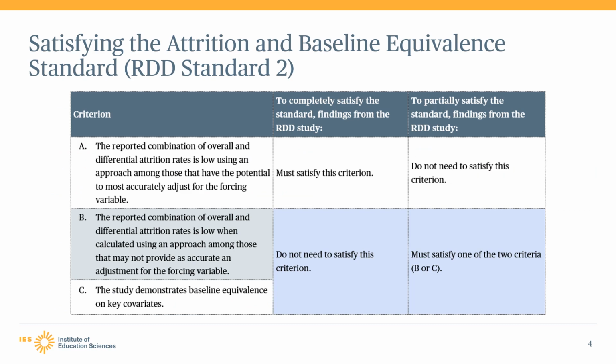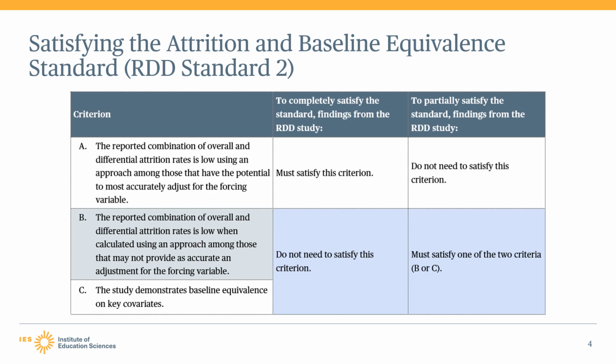As shown in this table from the WWC Procedures and Standards Handbook, referred to in this module as the Handbook, for findings from an RDD study to completely satisfy RDD Standard 2, the reported combination of overall and differential attrition rates must be low when calculated using an approach identified as providing less accurate adjustment for the forcing variable, or the study findings must demonstrate baseline equivalence on key covariates.